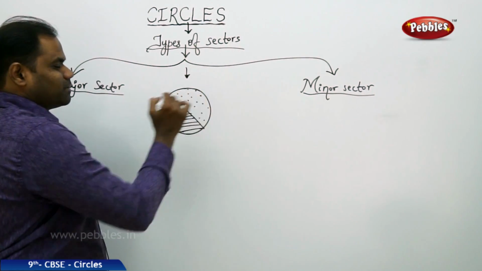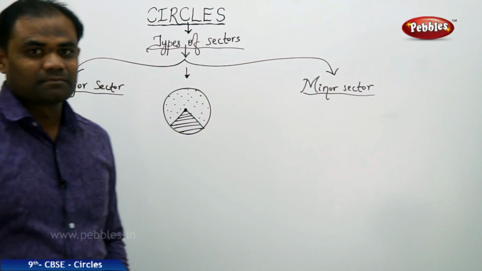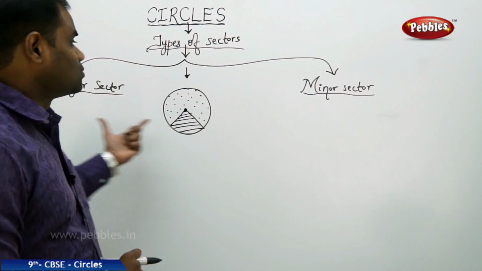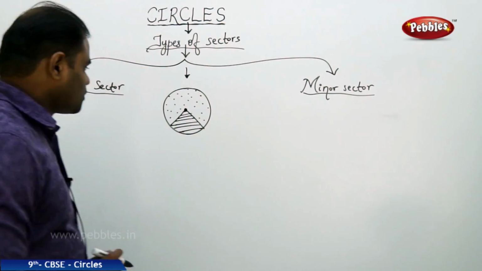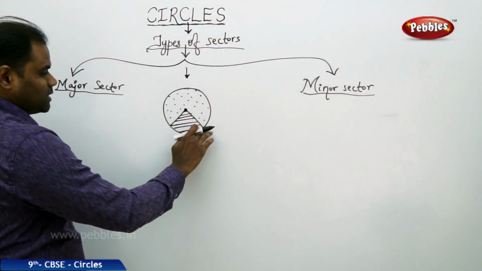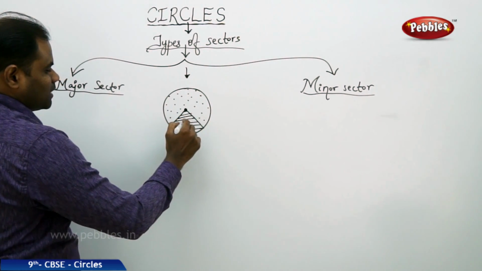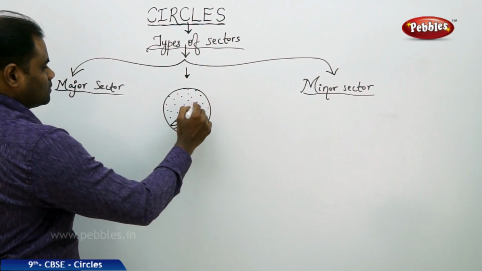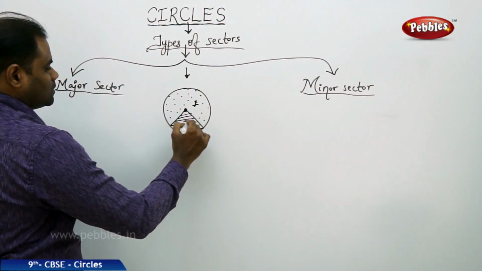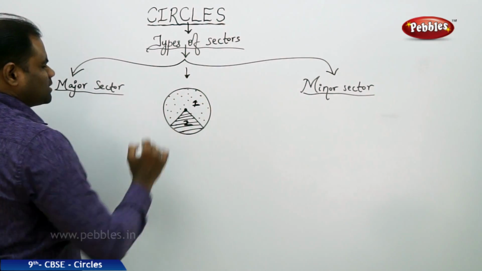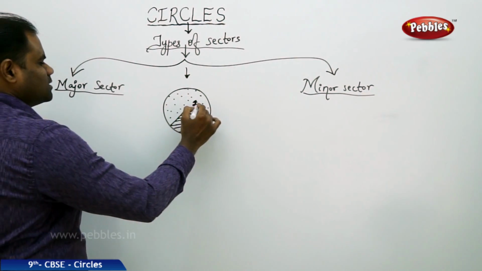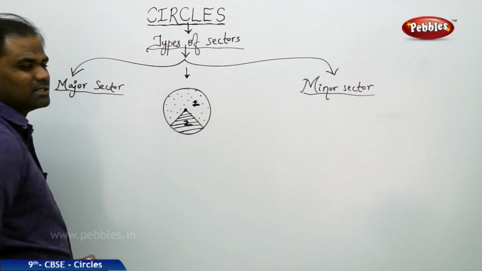So what is the difference between these two slices is what defines the two types of sectors. Now, as we know that the circle defines two sectors, one is this and the other one is this. So there are two types of sectors identified here. One is this and the other is this.